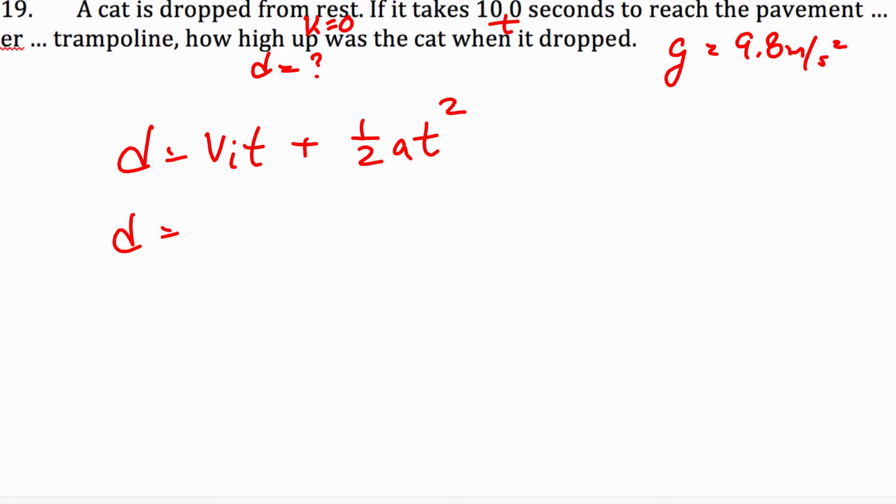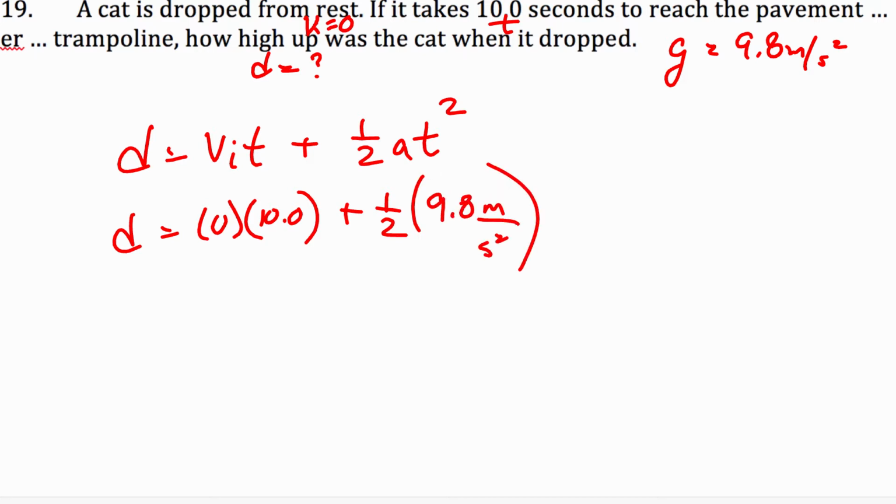So distance equals initial velocity, drop from rest, so this would be 0, times the time, 10 seconds, plus 1/2 times acceleration. Acceleration is gravity because you're dropping it, so that'd be 9.8 meters per second squared, times the time, 10 seconds, and that's squared, seconds squared.